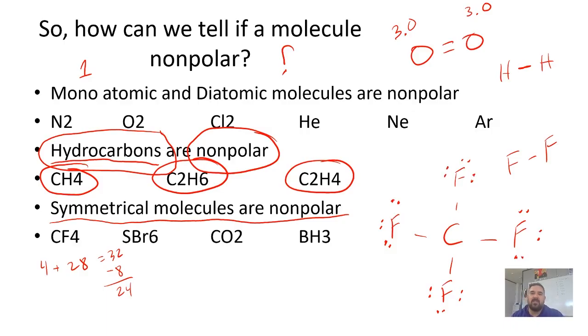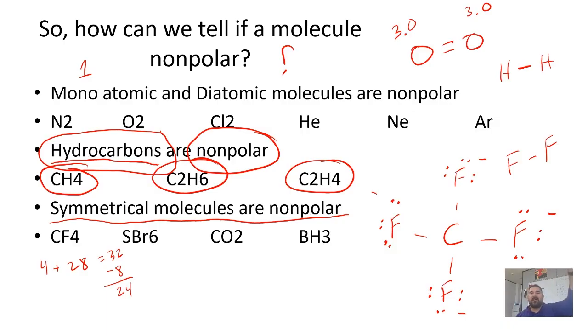What kind of charge is going to be on the fluorine? It's going to have a -1 charge. This one has a -1 charge. This one has a -1 charge. And this one has a -1 charge. Now, let me grab this molecule. Here's what a CH4 looks like. You guys made them last week. Does it have a positive side?